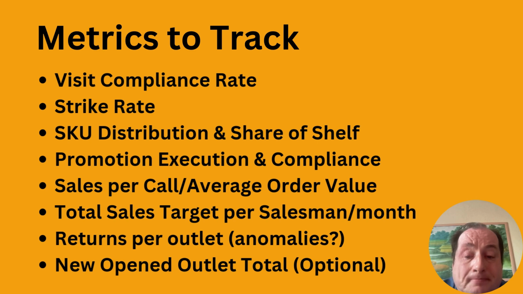So then, of course, you have last but not least, which is an optional one: new open outlets. If this is something that you are looking to drive, that's why I said you need to look at whether the SKU distribution in the existing outlet base is actually optimum.